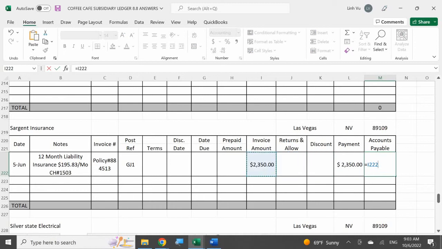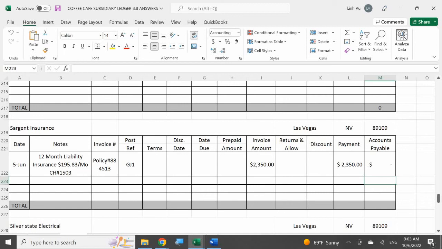So in this case, how much do I owe Sergeant Insurance? Nothing. Invoice minus prepaid minus returns minus discounts minus payments gives you a total of nothing. You owe Sergeant Insurance nothing.